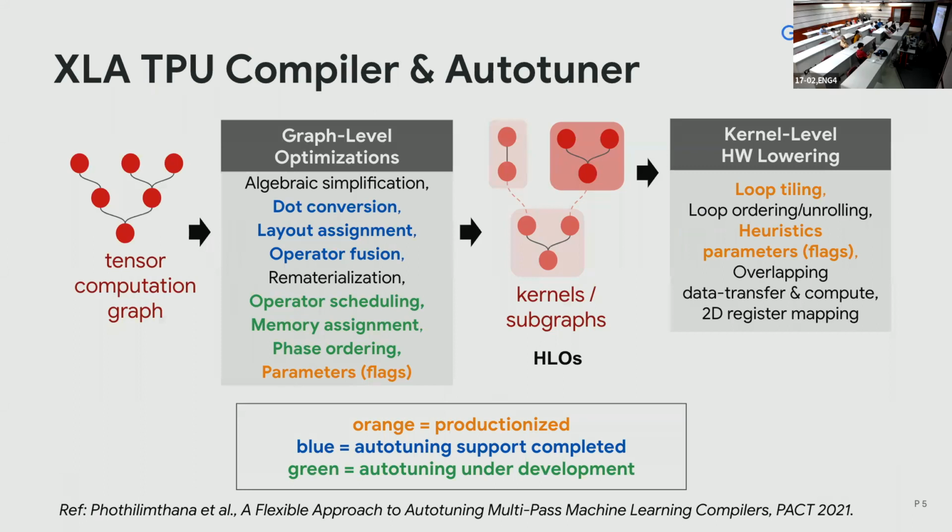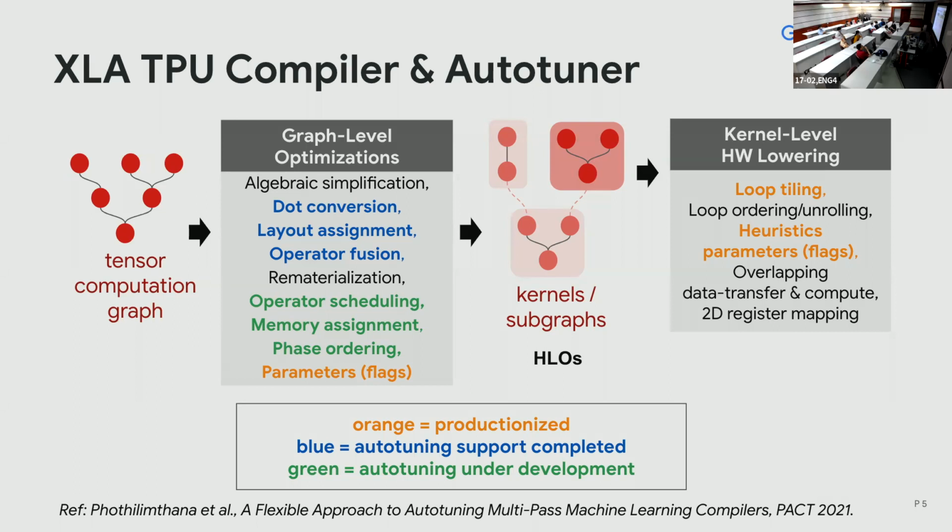This slide summarizes the various optimizations that happen in the XLA compiler. The XLA compiler is different from a traditional compiler, for example C++, because it is a compiler for a domain-specific language. We know that people use this to program machine learning workloads, so there's a lot of optimization that you can do when you have domain-specific knowledge. There are, I would say, two classes of optimizations that happen in XLA.